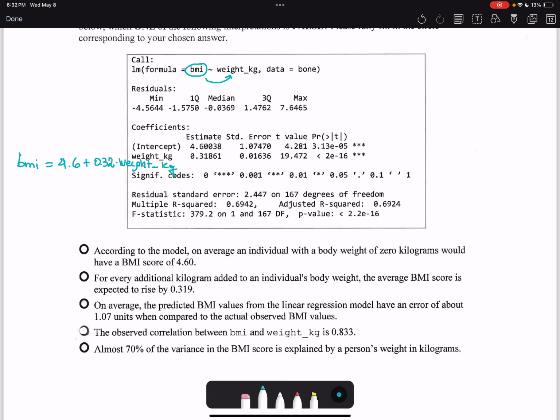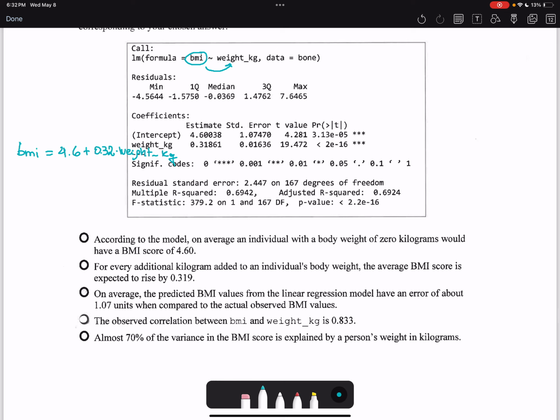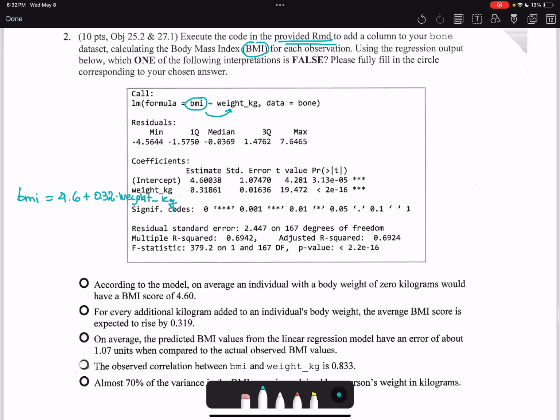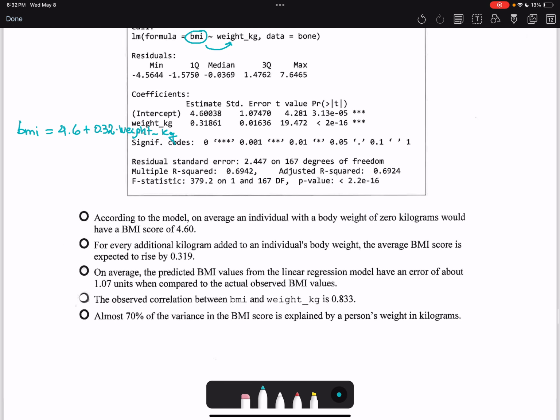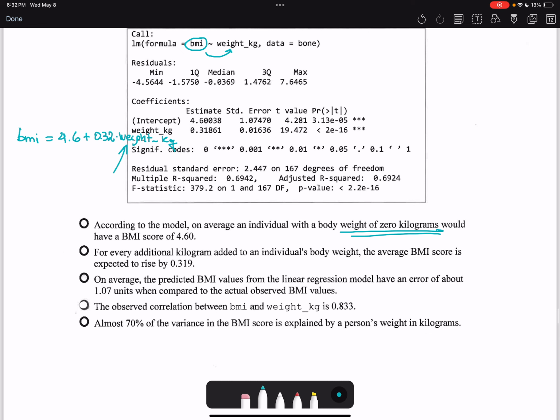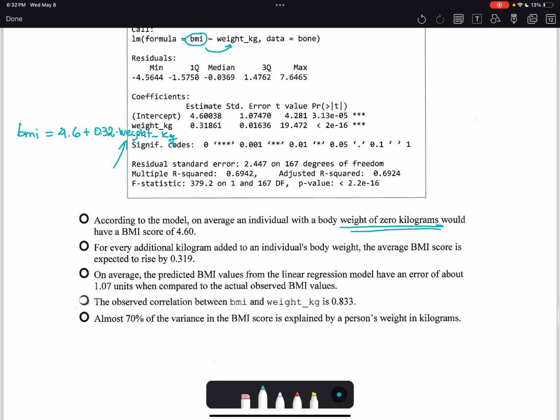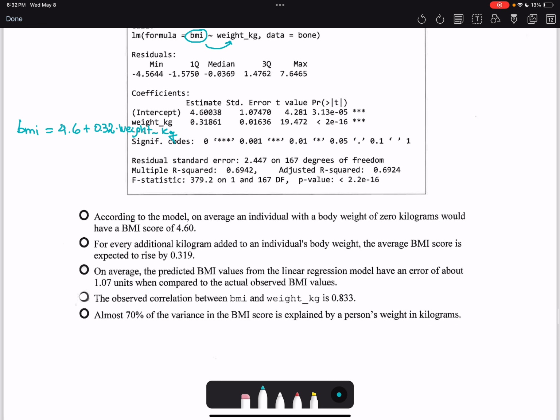Okay. Well, let's see, would that be a good interpretation or not? An individual with a body weight of 0 kilograms, so when this is 0, would have a BMI score of 4.6. Well, that seems reasonable, right? But would it make sense that you have a body mass index of 0 if you weigh 0 kilograms?